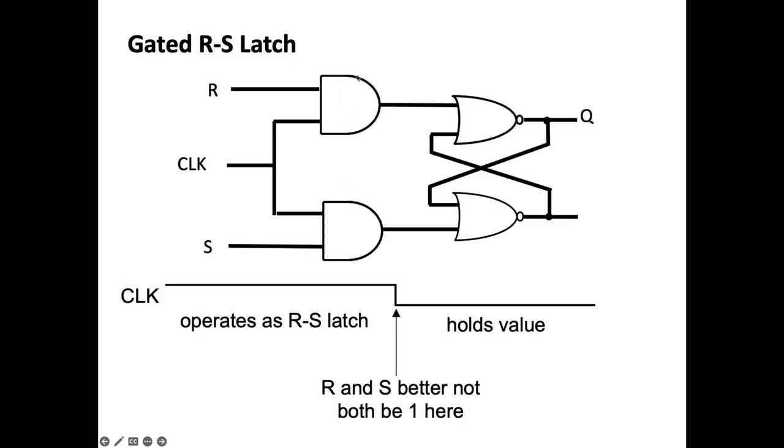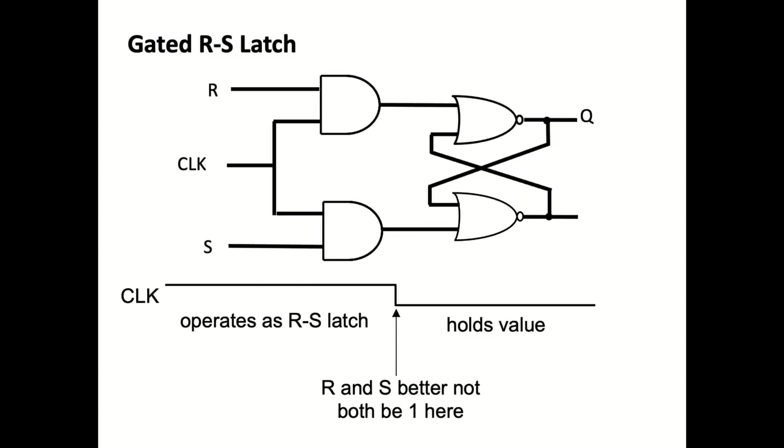As you can see, we have our RS latch here. This used to be R, this used to be S, but now we're ANDing them with the clock. So when the clock is low, nothing's going through. This is going to stay the way it is. Nothing's going to happen. But when the clock is high, then R and S are getting through, and this is behaving just like an RS latch.